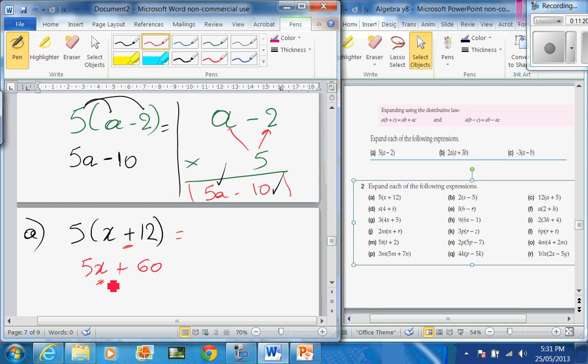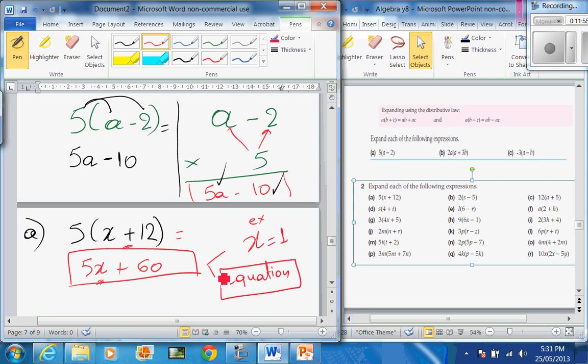No, I don't know, that's a variable. It varies, so at the moment I keep it like this. I cannot evaluate. I have to solve it to go to the next level. Either somebody tells me how much x is, for example x equals 1, or I have an equation to find how much x can be. But that is lesson 7, which is solving equations. It's not far away, it's coming.